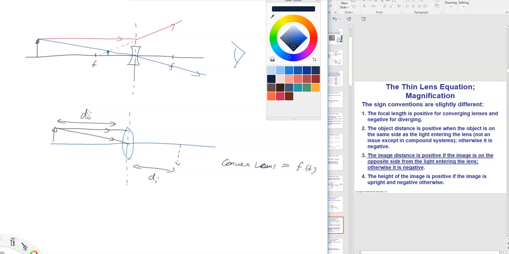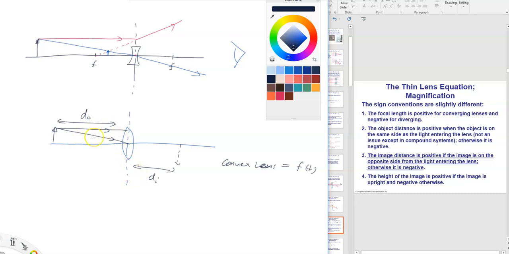The image distance, this is the one that is in conflict with mirrors. The image distance is positive if the image is on the opposite side from the light entering the lens. A little complicated line, but read it again. Image distance is positive if the image is on the opposite side from the light entering the lens.